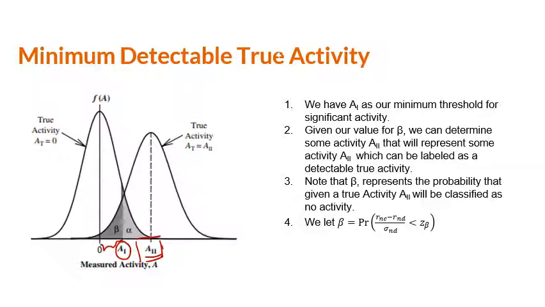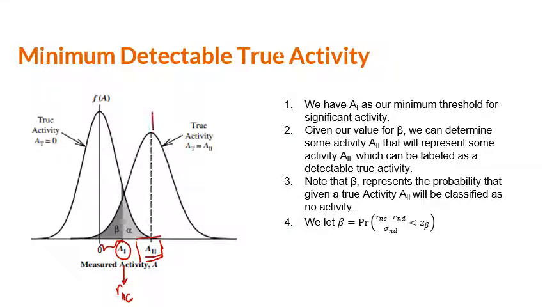Okay, so ito yung condition natin. Beta is equal to probability of RNC. Ito yung RNC, yung threshold natin kanina na rate ng activity, kung saan masabi natin na may significant activity.